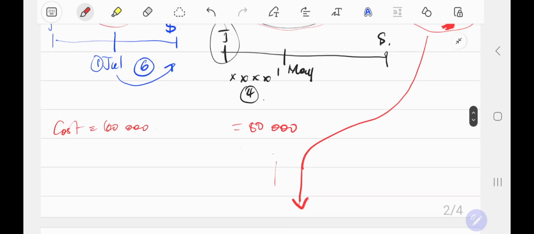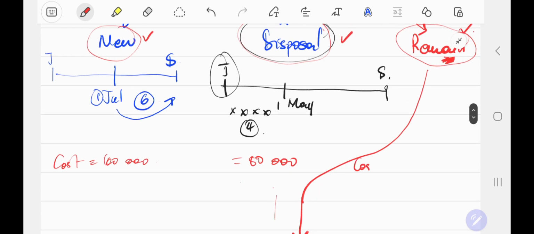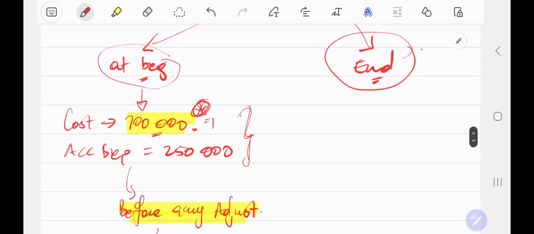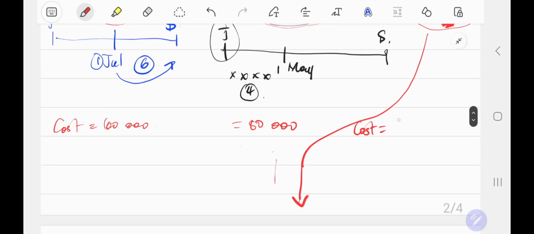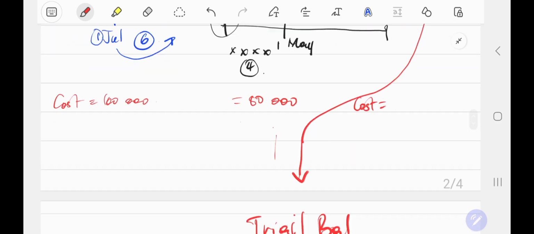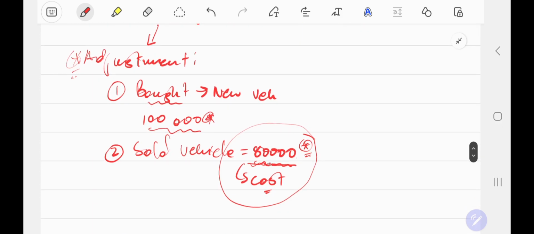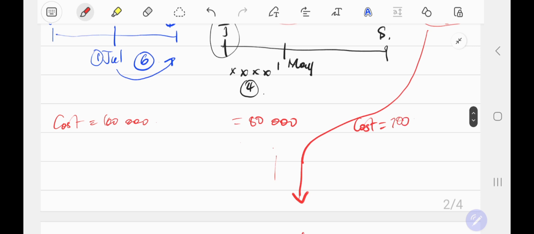And then when you want to work out the cost of the remaining, and the balances given are balances at the beginning, what you are going to do is say, since the 80,000 is included in the 700,000, I'm going to say 700,000 minus 80,000.